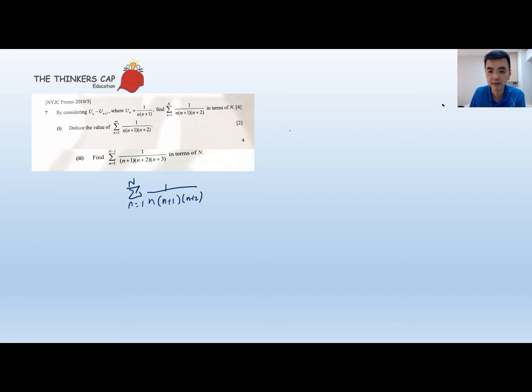We are asked to consider the difference between the two terms, un minus un+1, where un is 1 over n(n+1)(n+2), and for the other term I'm just going to replace n with n+1, and I'll get n+2.